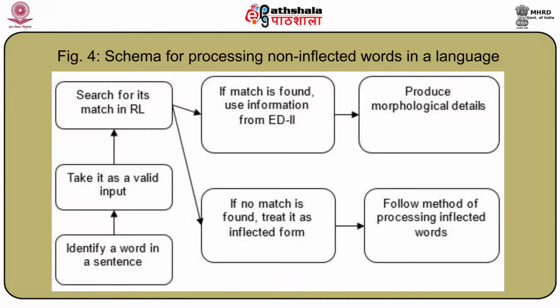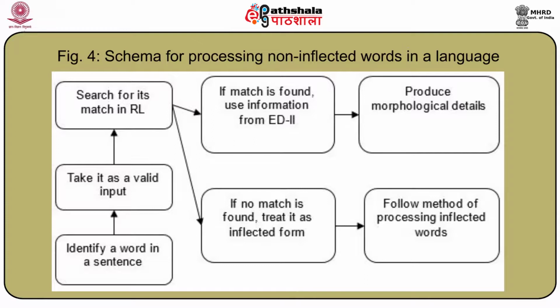Its task is over. It immediately produces: this word is a noun, or this is a non-compositional composite unit that cannot be broken, and it is a stem or a root, and accordingly with a part of speech it comes out. But if it is an inflectional one, then it has to go further.